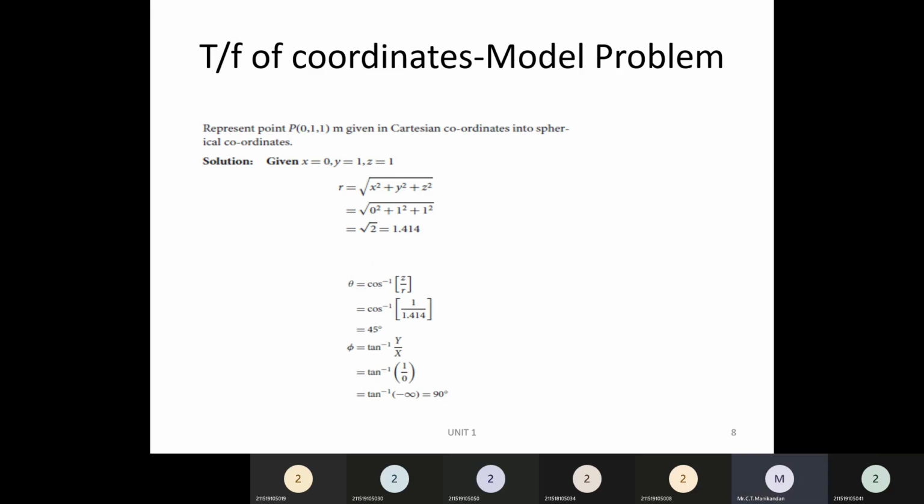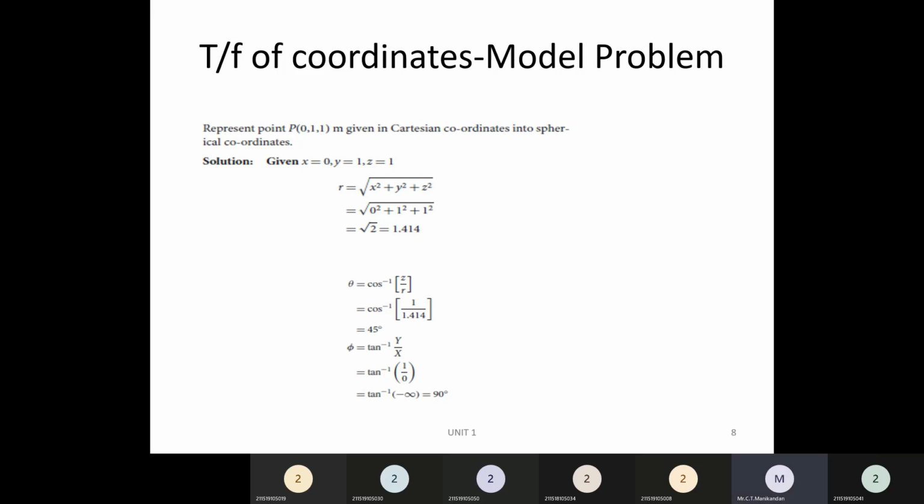You are given the point 0, 1, 1 in the Cartesian system, and you want to convert that point into the spherical coordinate system. In Cartesian coordinates we have x, y, z. When you want to convert to spherical, we have to find r, theta and phi.